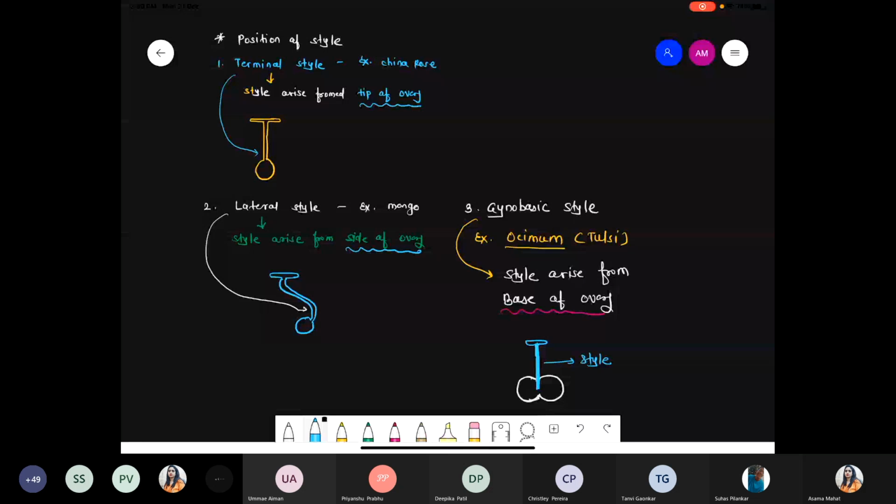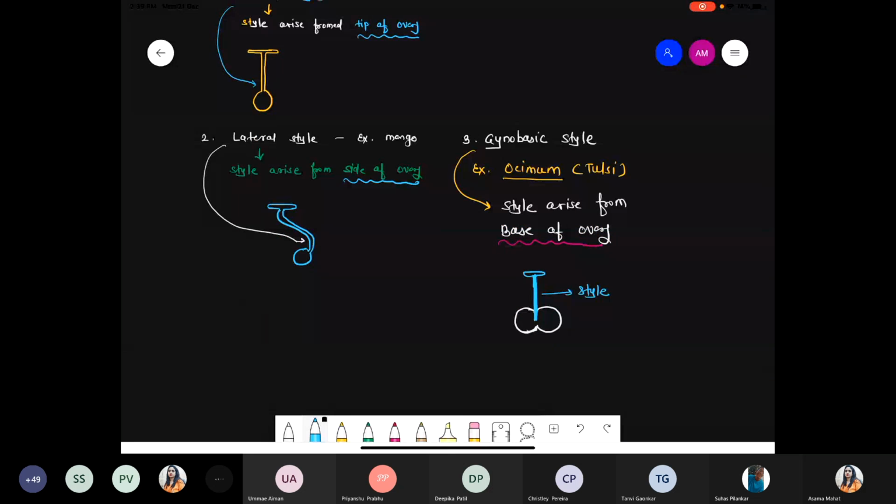Okay, chalo. So now we are talking about the second last point of this chapter, that is fruit. One important point: we'll discuss only three types of fruit. We discuss fruit in two parts actually: true fruit, false fruit, and parthenocarpic fruit. Again we discuss the types of fruit like simple fruit, aggregate fruit, and composite fruit. And we'll discuss some detailed examples of fruit that are part of fleshy fruit.